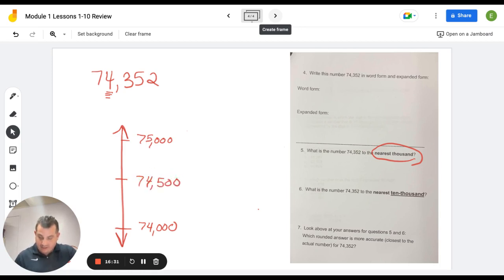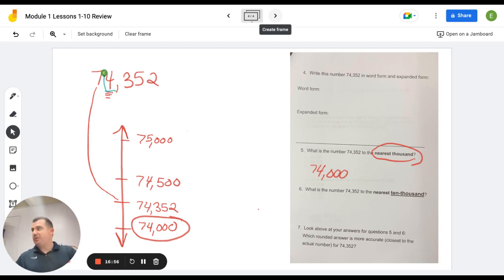And then you got to take this 74,352 and place it on the vertical number line, and that is going to go below the midpoint, which means it would be rounded to 74,000.